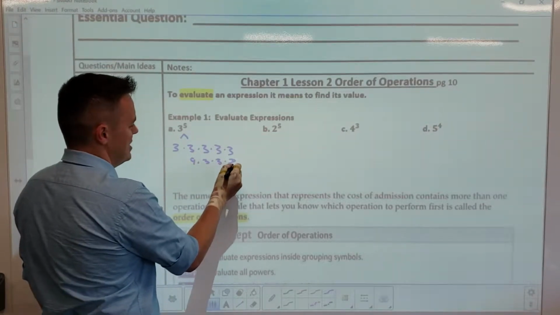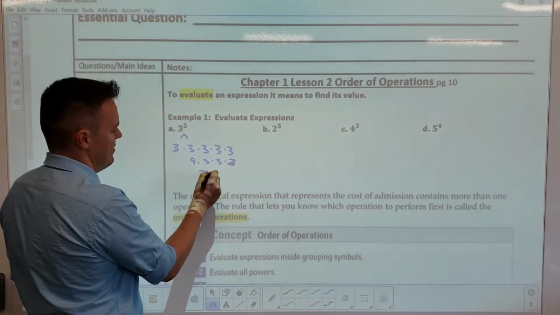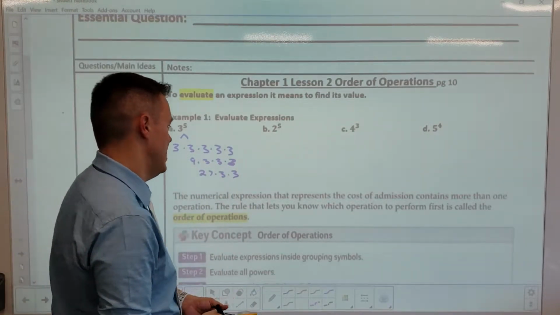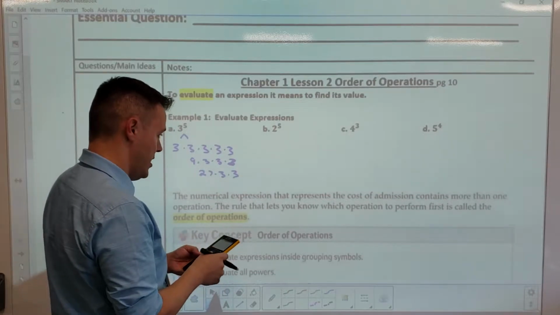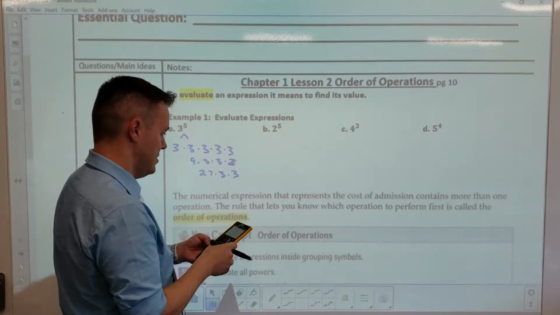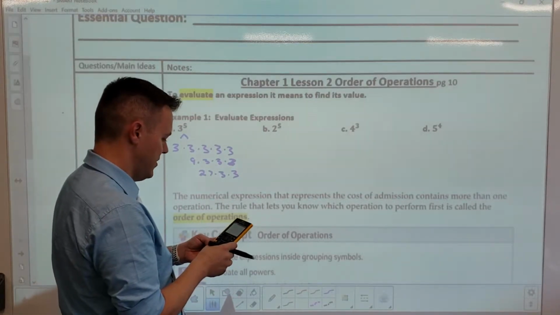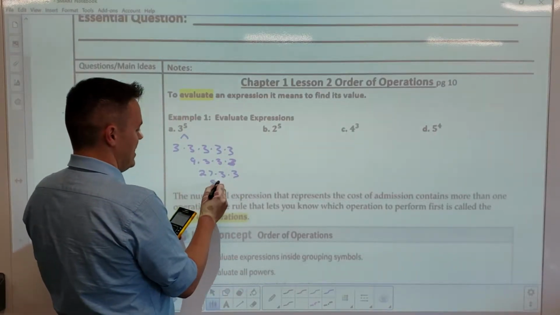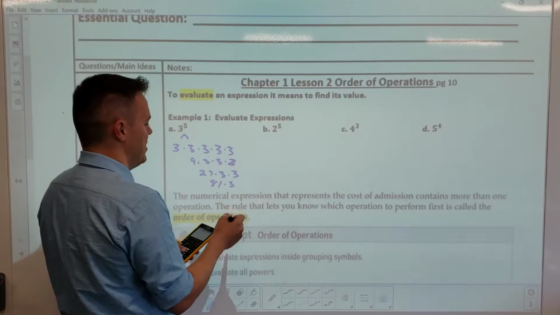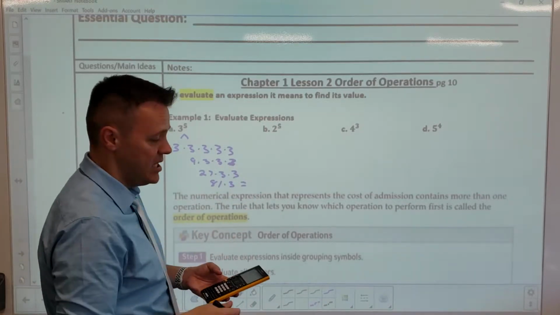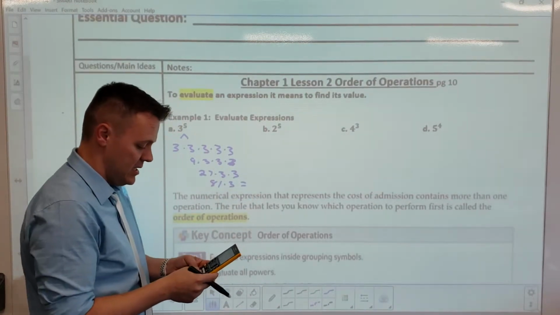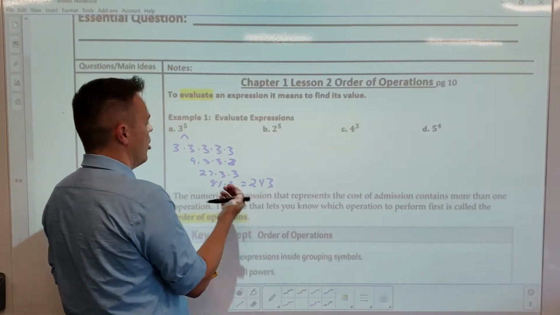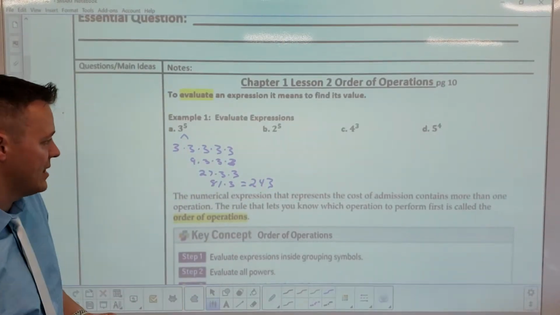Then 9 times 3 is 27, times 3 is 81. Let me verify. Yeah, 81. Then 81 times 3 ends up being your final answer, which is 243. Now, this is hard to do when you're doing mental math like that.